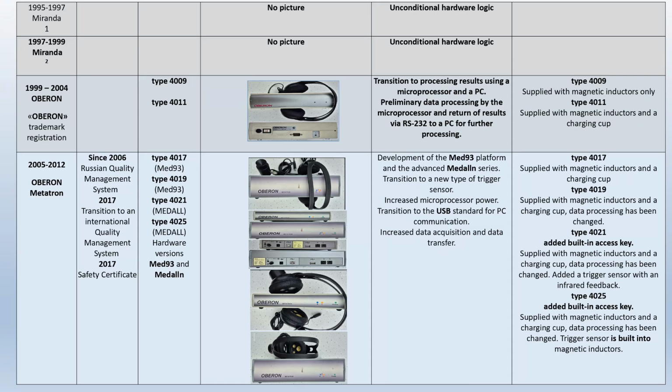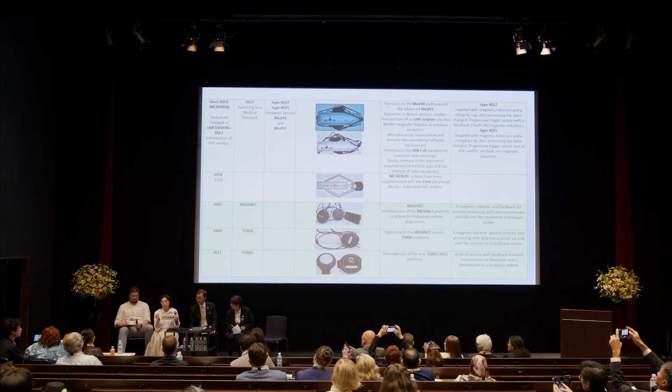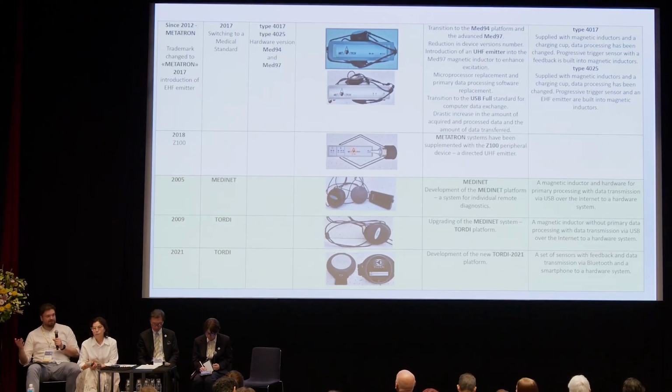And we worked for quite a long period of time with this equipment. It was called Miranda. This was the first device. And we used two of these biolocation probes to analyze the health state of our patient.